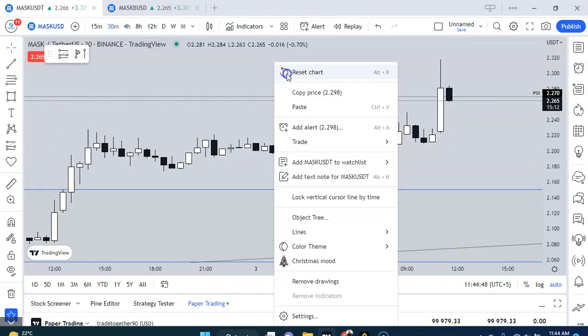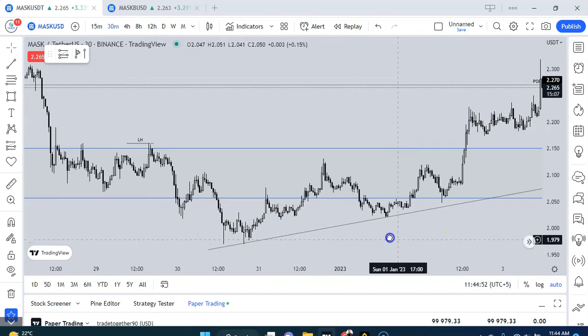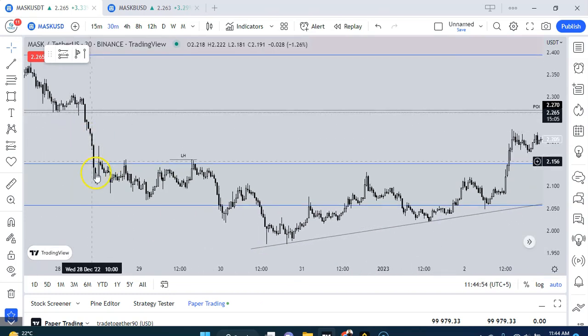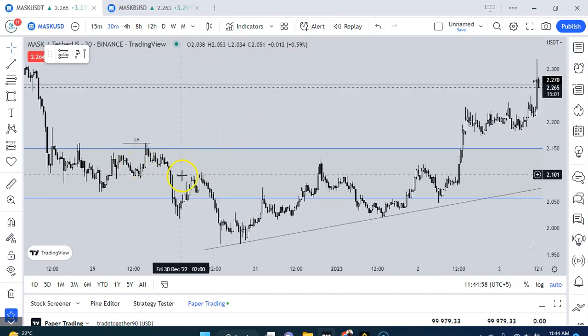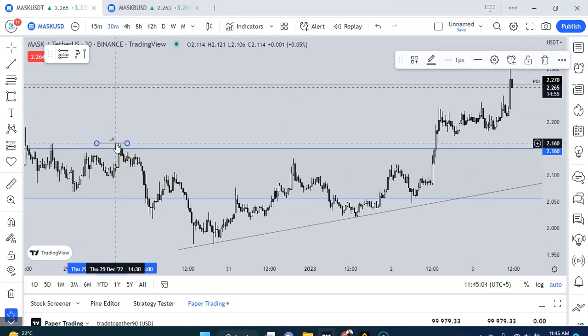All right, and I start marking the lows and highs. So here you can see this is the lower low, lower high. Let me show you the recent lows and highs. This is the 4-hour lower high, then 30 minutes lower low, lower high, lower low.